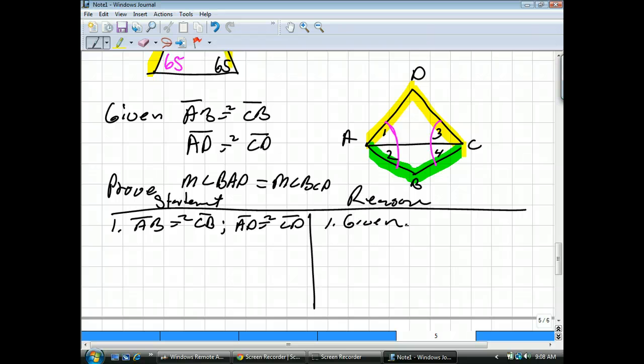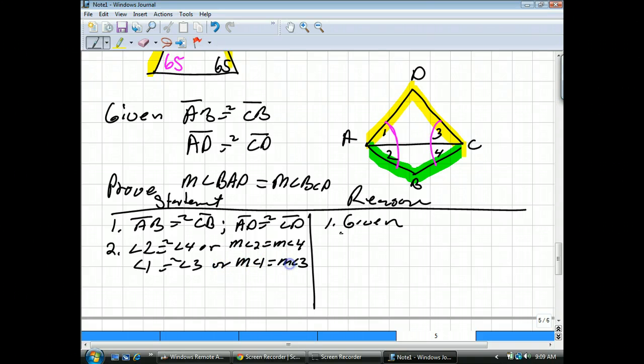Then we can say that angle 2 is congruent to angle 4, or in other words, measure of angle 2 equals measure of angle 4. And we can say the same thing for 1 and 3. And that's by the isosceles triangle theorem, which says if the sides are congruent, then the angles opposite those sides have to be congruent.